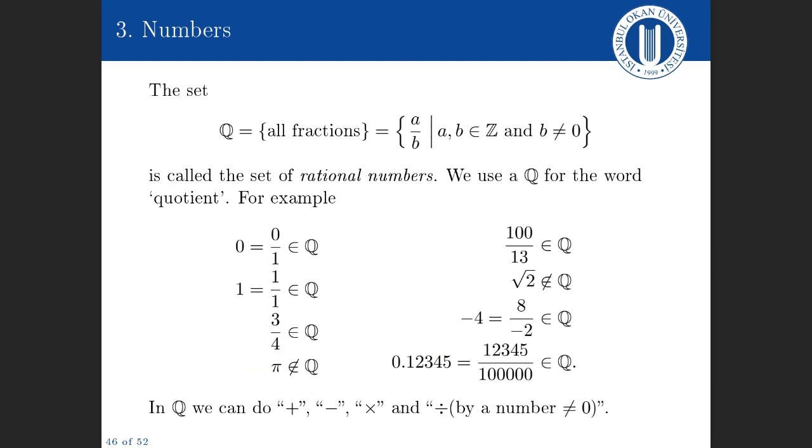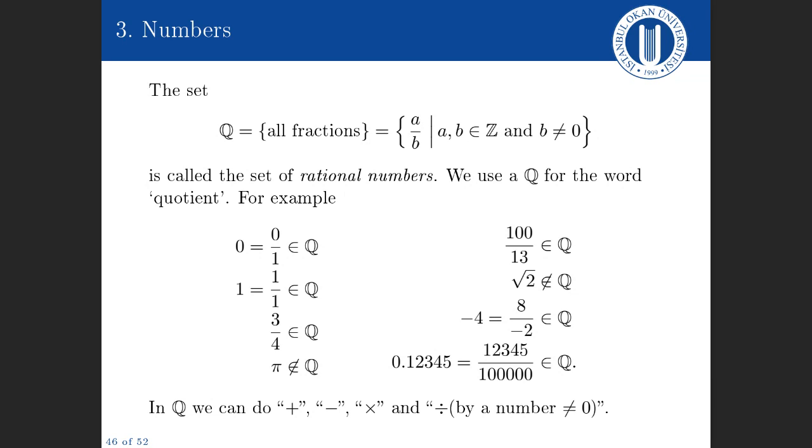Our third set is the set Q of all the fractions. More precisely, I mean all of the numbers a divided by b, where a and b are integers, and b is not 0. This is called the set of rational numbers.